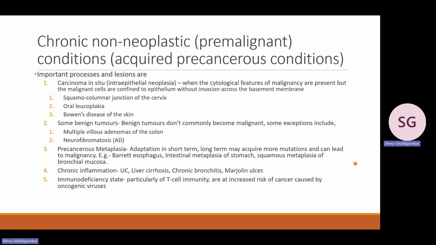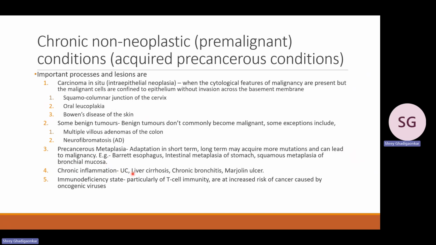And this mainly occurs due to gastric reflux. You also have intestinal metaplasia of the stomach, so this is due to pernicious anemia. You may also have squamous metaplasia of bronchial mucosa, so this is usually in response to smoking.